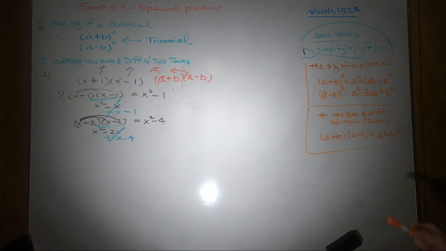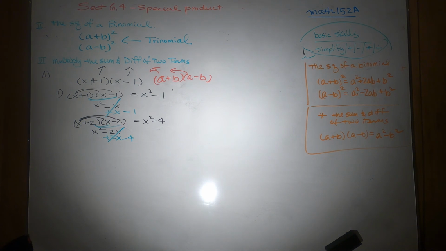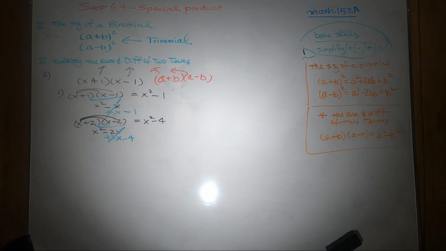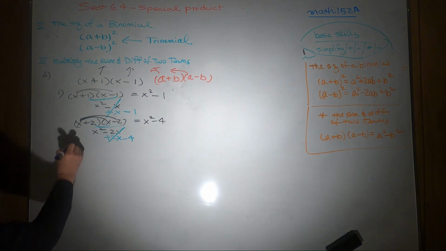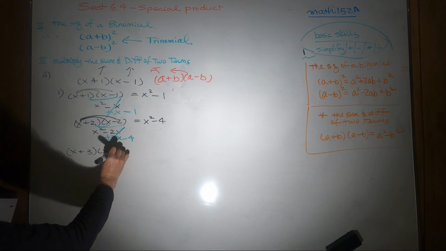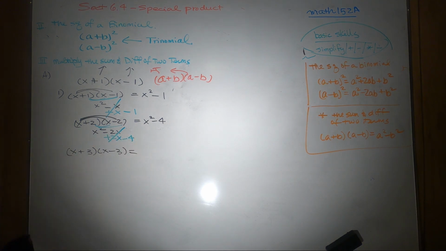A shortcut. You can still do the FOIL and you end up with the same thing, or you can do it directly. You end up with just a binomial. So if we have x plus 3 times x minus 3, what do you think the answer should be?